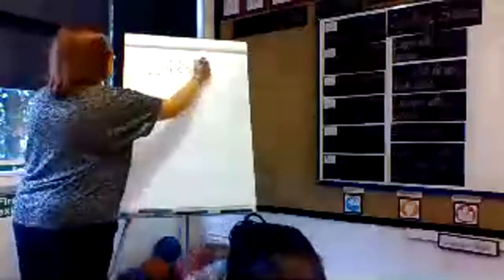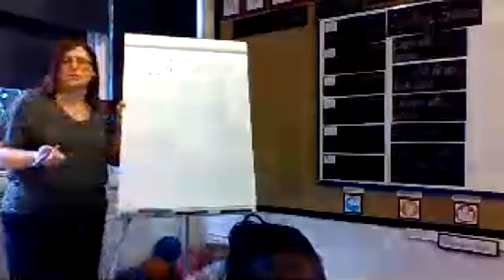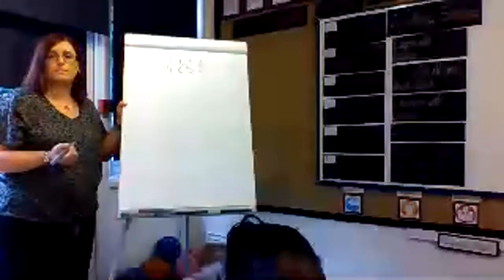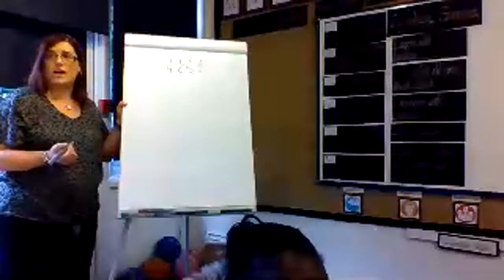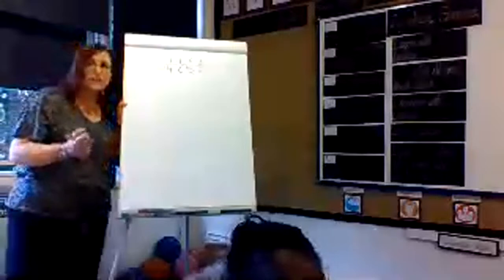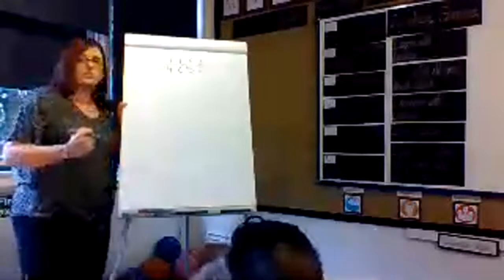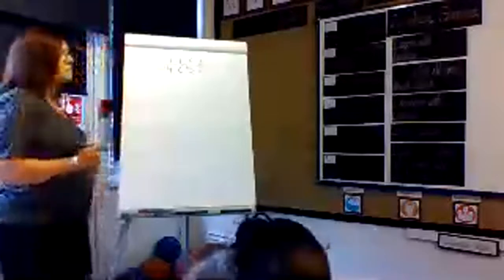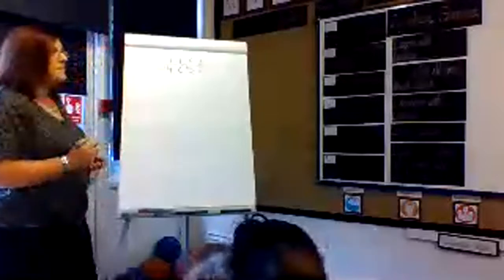Good. 4 into 12 goes 3. And our answer is 1,163. Excellent. Okay, well done, Jacob at home. And Mrs. Lewis told me that you put that up, so well done. Good answer.